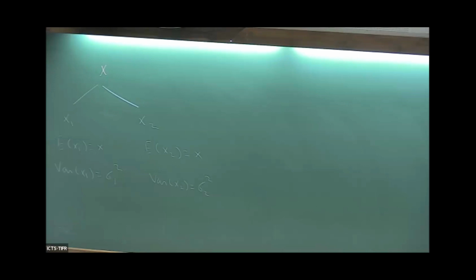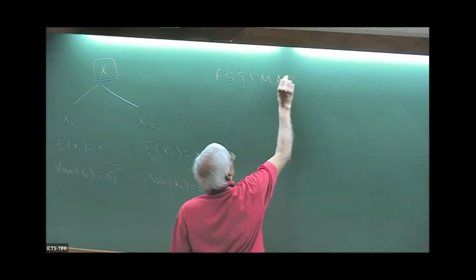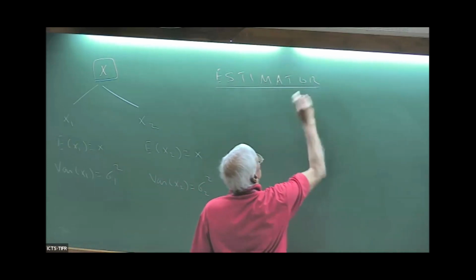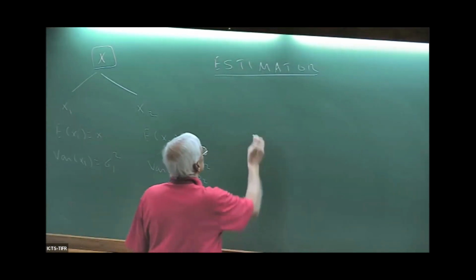My job is to be able to arrange an estimator to estimate X based on the 2 pieces of information. So first I want you to think about the notion of an estimator. What is an estimator? Estimator is a function of the observation.